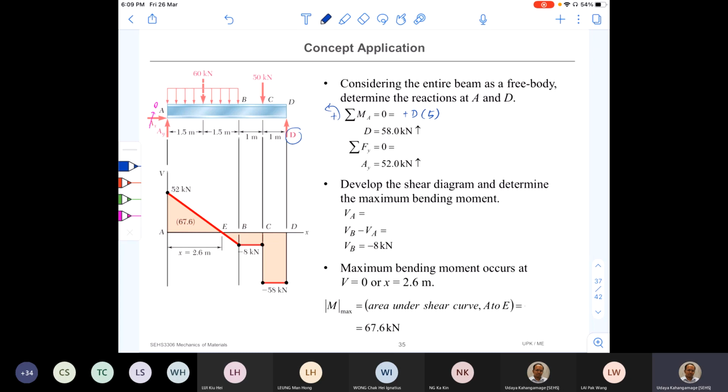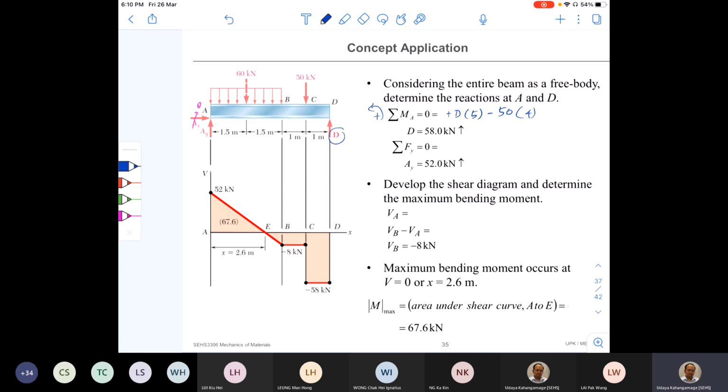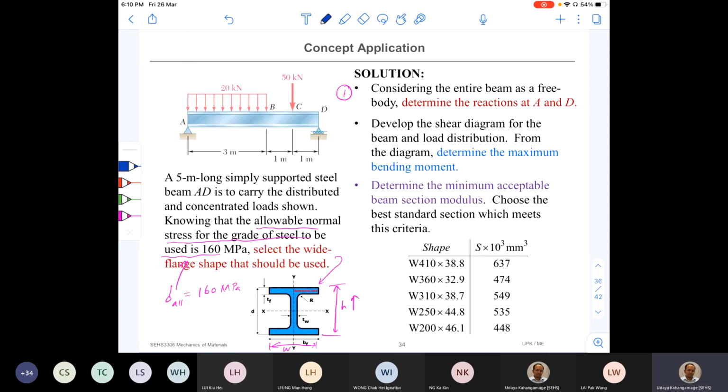Okay, and then 50 kilonewton creates a downward or anti-clockwise moment, therefore negative. I write everything in kilonewton. The distance is 4.4, right? And distributed load, previously it is given as 20 kilonewton.